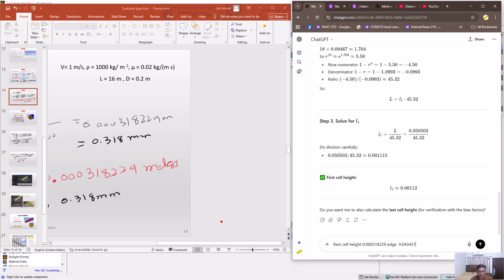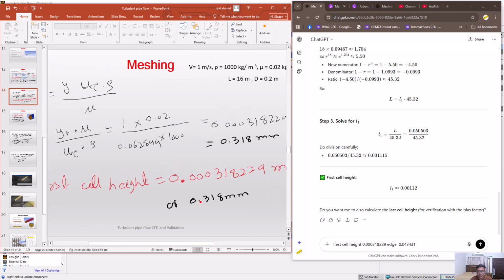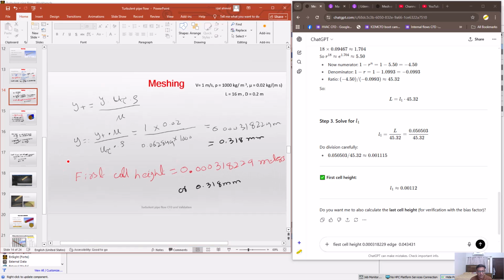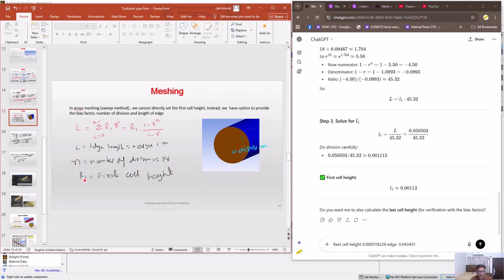I don't know what the optimum value of the biasing factor should be, but we know in CFD that the growth rate, that is R here, should not be more than 1.2.